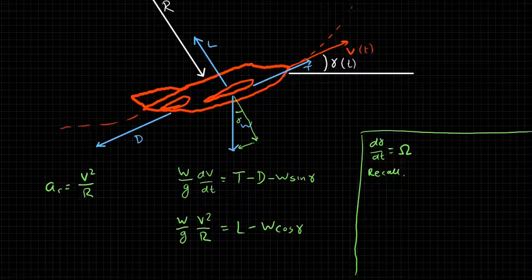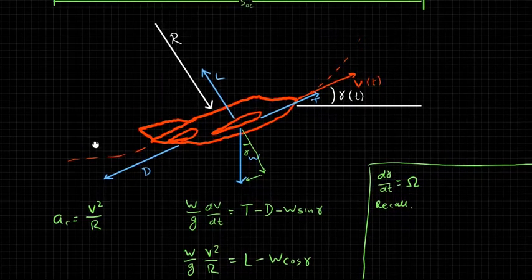Okay, so let's just do a little bit of geometry here. So we have this angle here, this gamma. But you'll notice the radius of curvature and the velocity are perpendicular to one another, which means that we can also project gamma here. So gamma, in addition to being our climb angle, is also the angle of rotation.